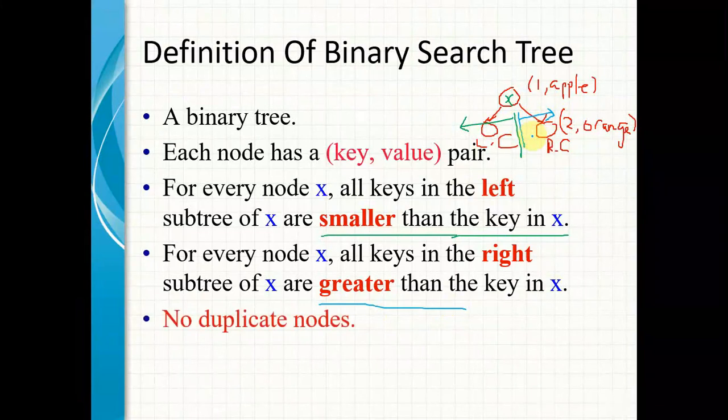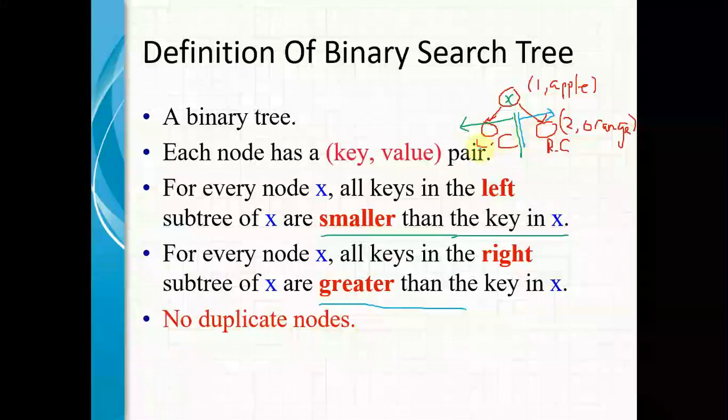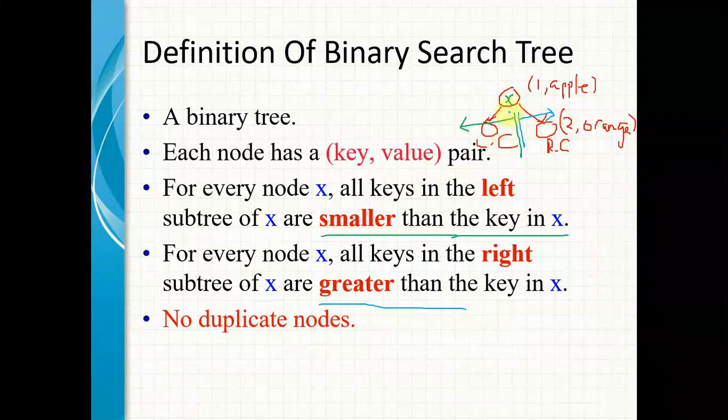Another property of the binary search tree is that there should be no duplicate nodes. All the key values should be distinct. All the keys will be different. So with this property, we will have some examples to show you.